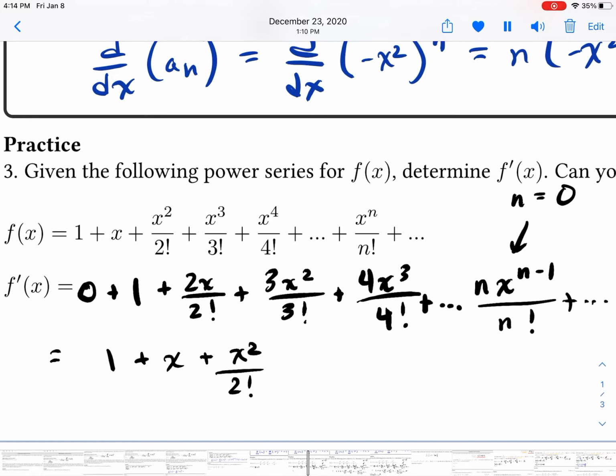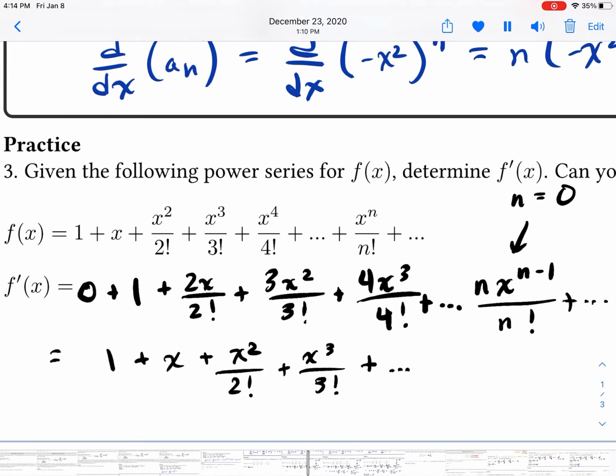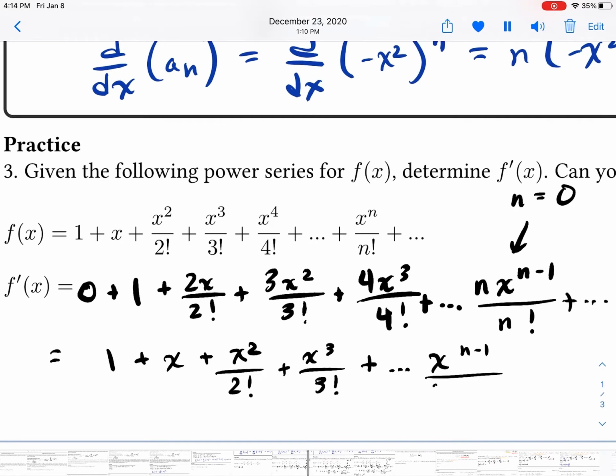Well, actually, let's just leave it as it is. Plus x cubed over 3 factorial plus, and if I bring all this down, and this general term that we have here, I'm going to simplify that. This is the same thing as x to the n minus 1, and if I divide that n into n factorial, I'm left with n minus 1 factorial.